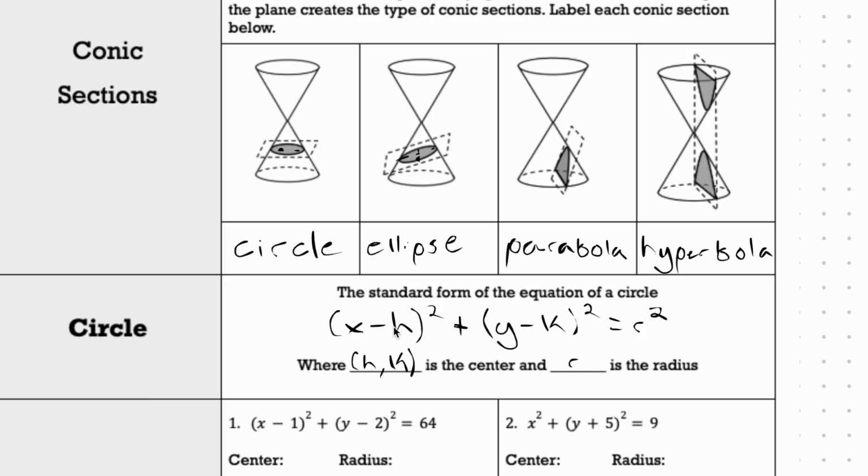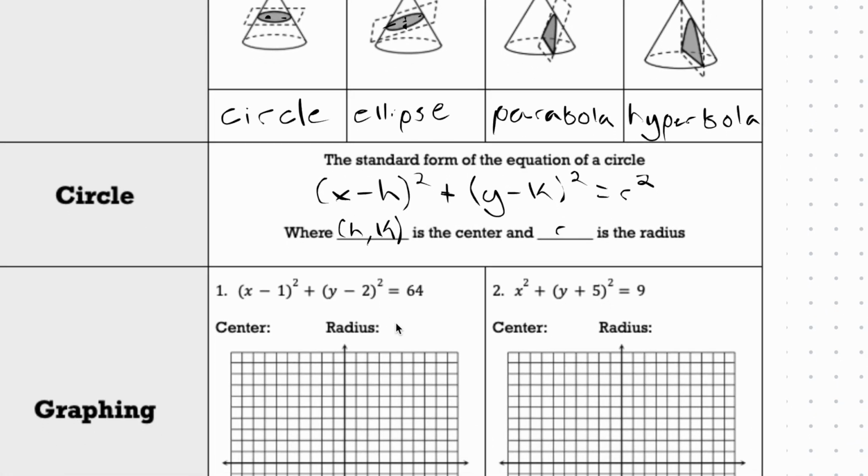This is super similar. So remember, you just have to be conscious that this is our equation for a circle. So if you see x plus 2 here, know that our h value is actually going to be negative 2. And so it's going to actually be the opposite sign. So yeah, just be mindful of that.